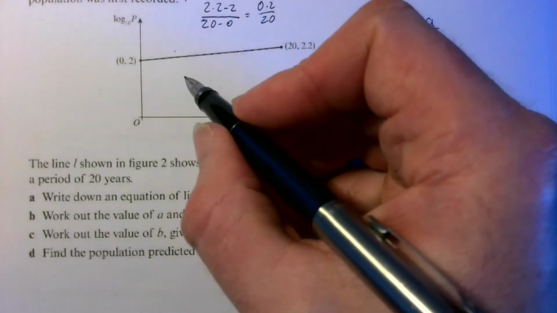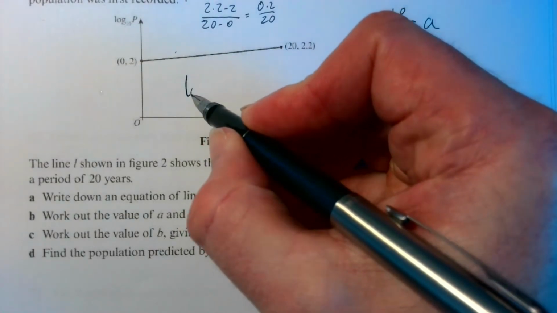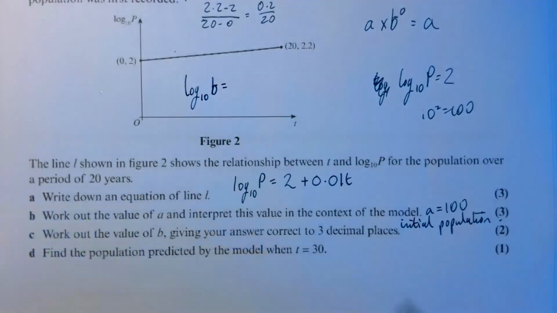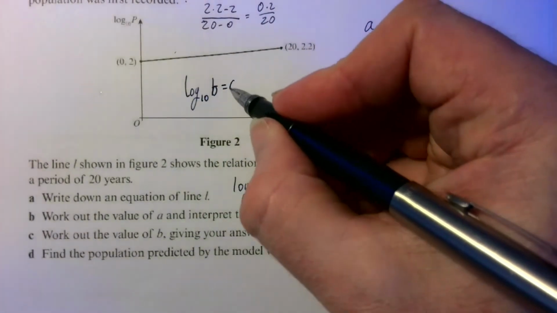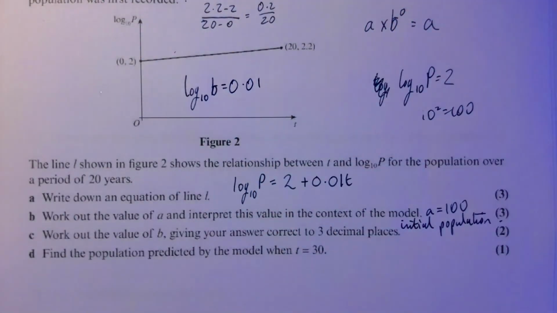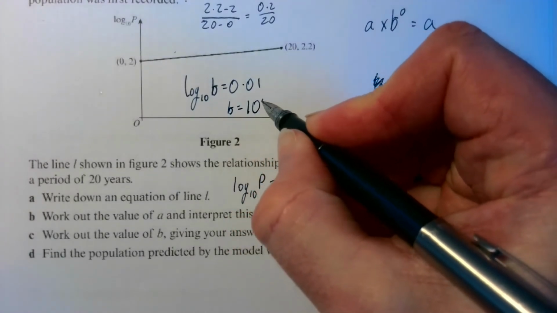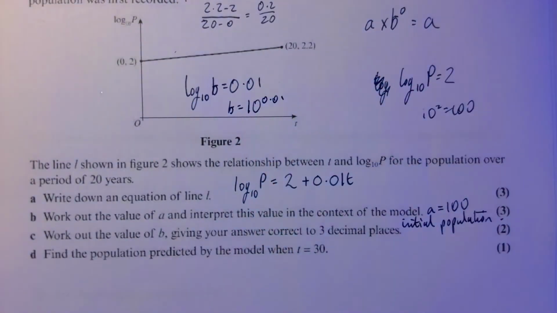So log 10 of b is going to equal the gradient. Well, we know that the gradient is 0.01. So what's this saying? b is equal to 10 to the power 0.01.